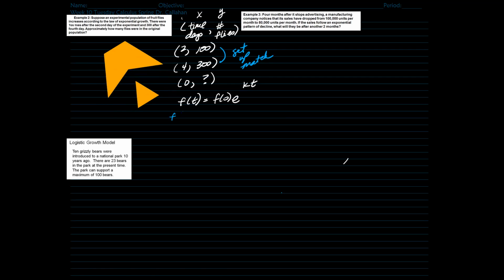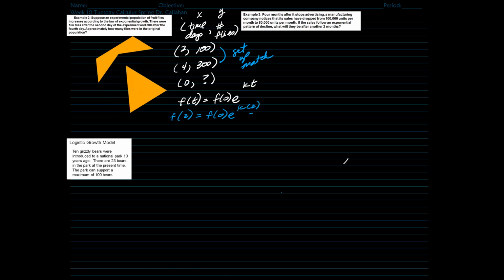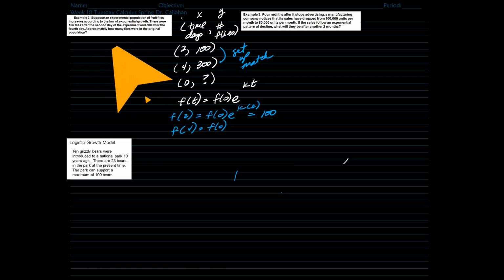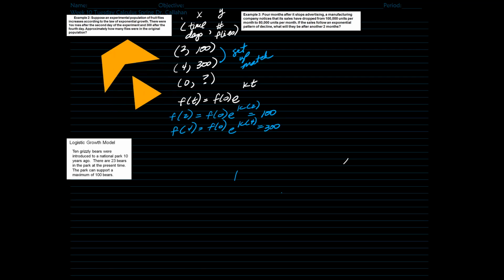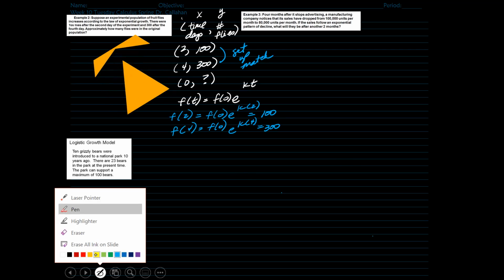So if I set up the first one at f of 2, then I have f of 0 e to the k times 2, and that equals 100. Then if I set up f of 4, that's f of 0 e to the k times 4, which is equal to 300.